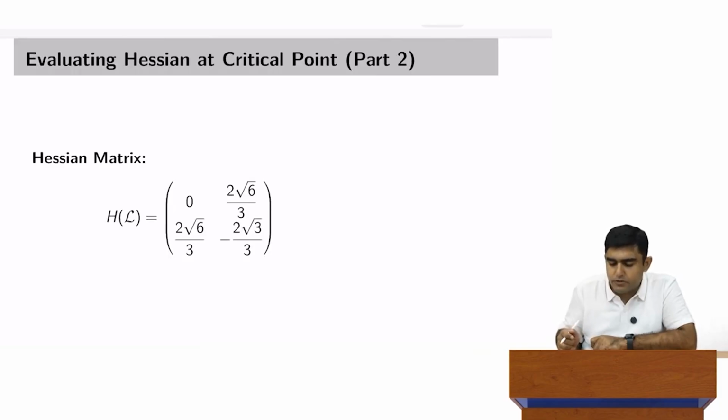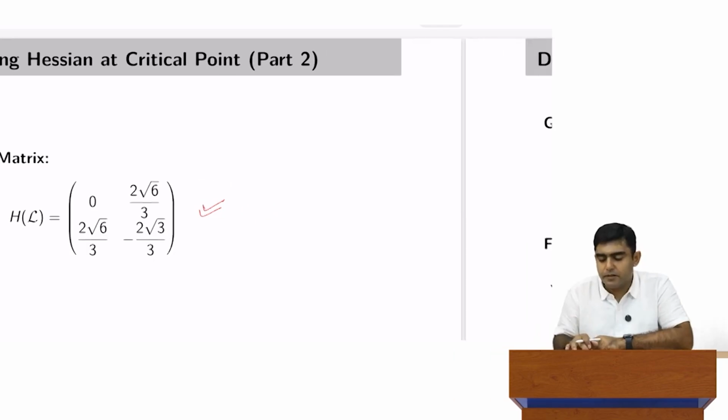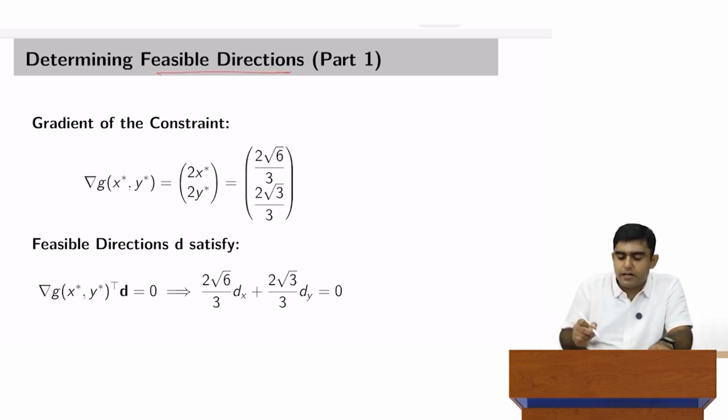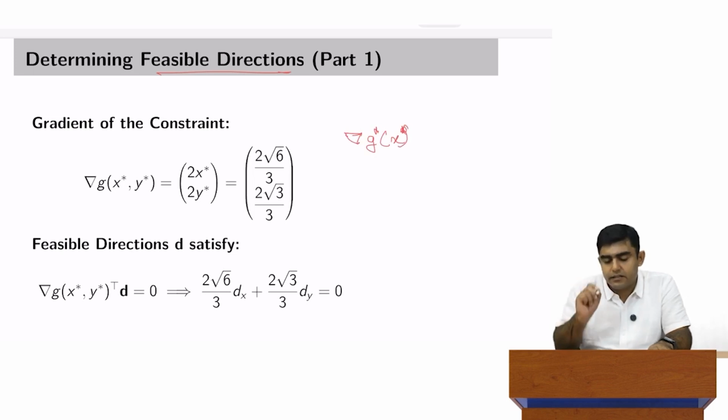Now, when we substitute this, our Hessian matrix looks much neater without notations, with these 4 elements, and continues to be symmetric. And then the next step is that we also need to determine the feasible directions. If you recall, our feasible directions have this element of g, x, and x is at the critical point.